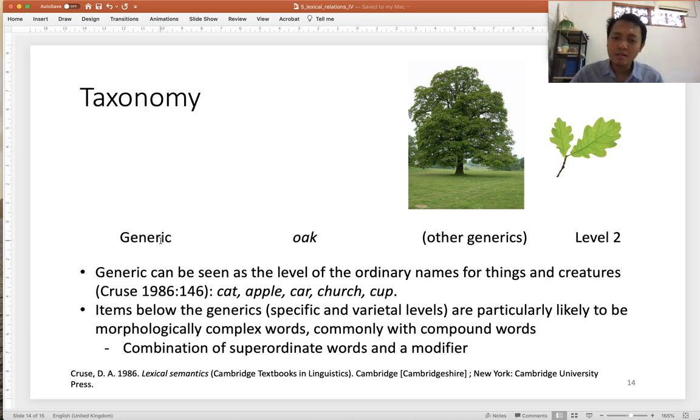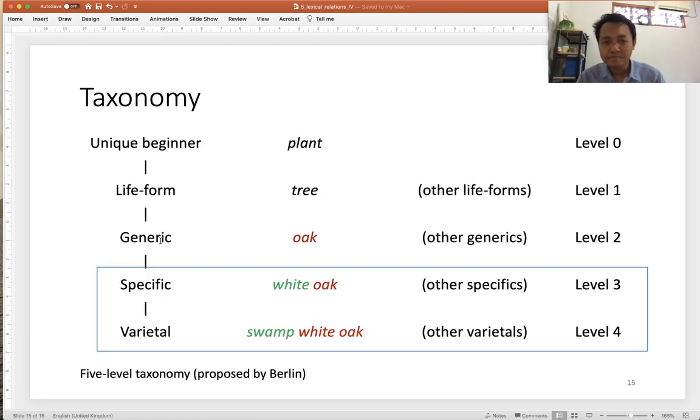This compound word is usually a combination of a superordinate word and some modifier, such as this one, we have seen white oak. This is a level below the generic, specific and varietals. In this example for the plant hierarchy, white oak is a combination of the superordinate form and some modifier.